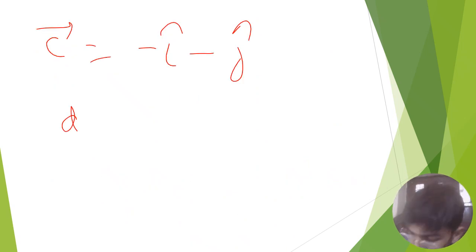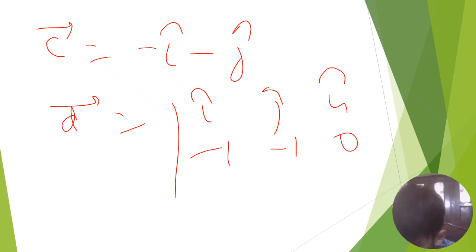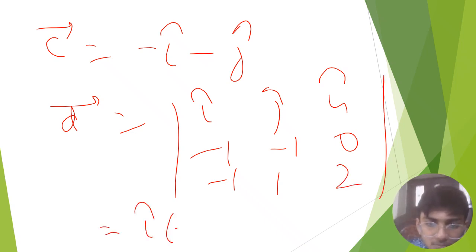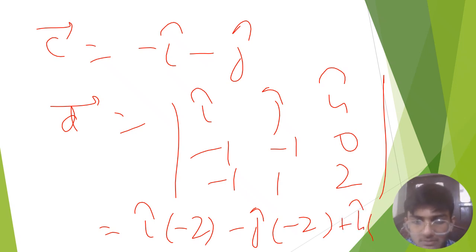Okay, now C vector is coming up to this. Now we have to find D vector also. Let's compute this. -1 -1 0, and A vector is -1 1 2. That's coming i cap into -2, minus j -2, k cap -1 -2.